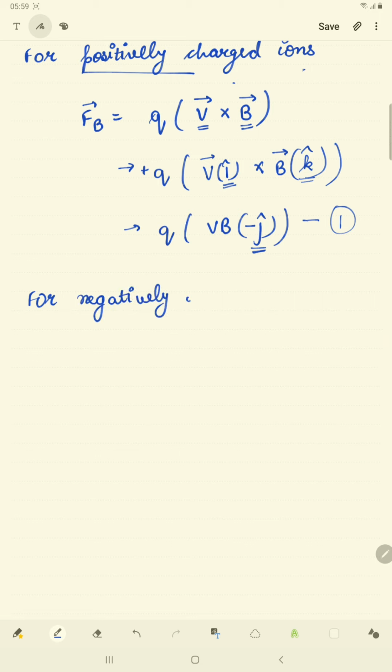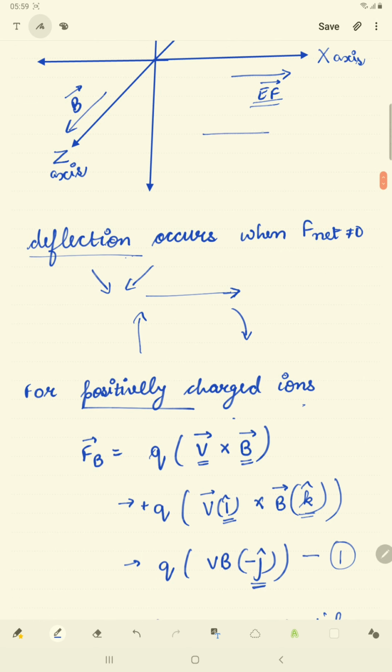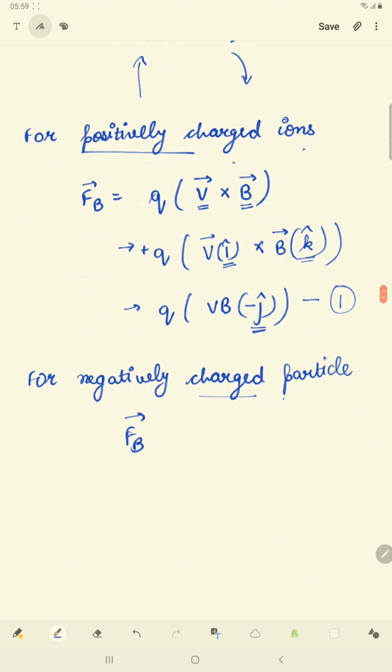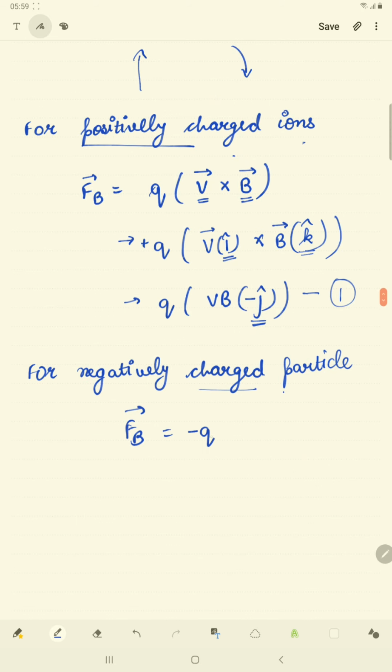Negatively charged particles. Now we know that the negatively charged particles would move opposite to the direction of the electric field, that is, they would move in this direction. So we have negative Q, since the particle is negatively charged, and V cross minus i cap cross B, positive k cap, because the magnetic field remains the same.